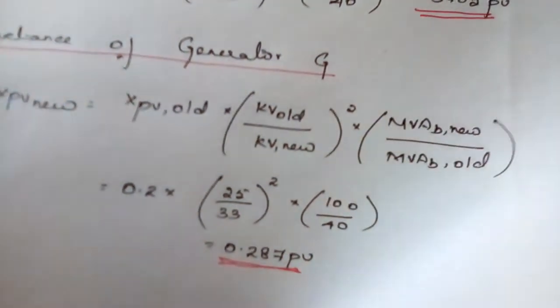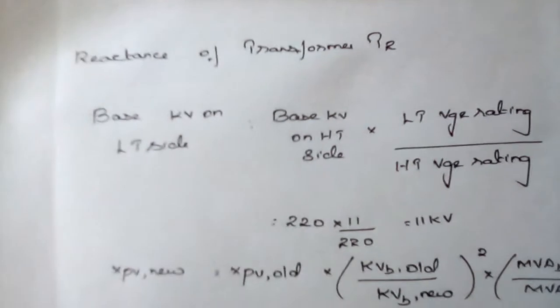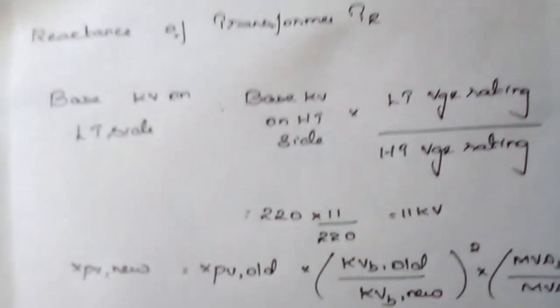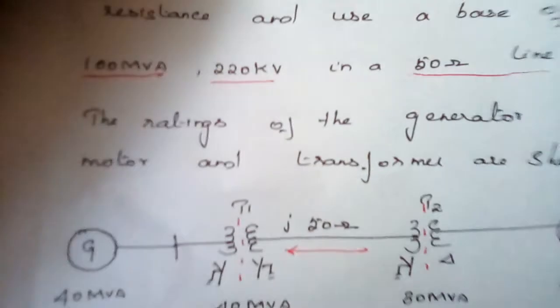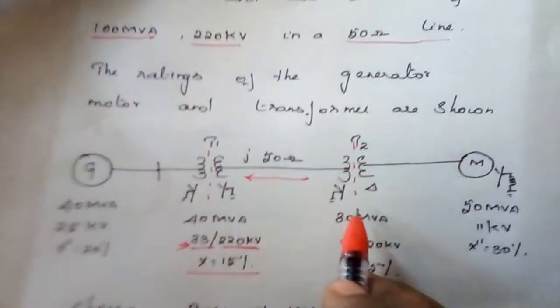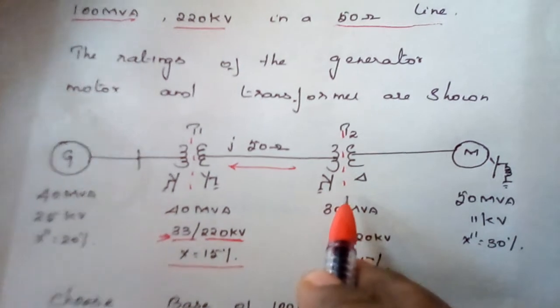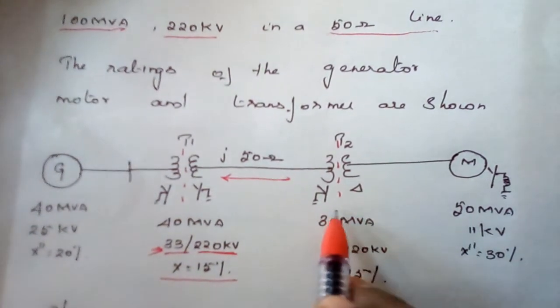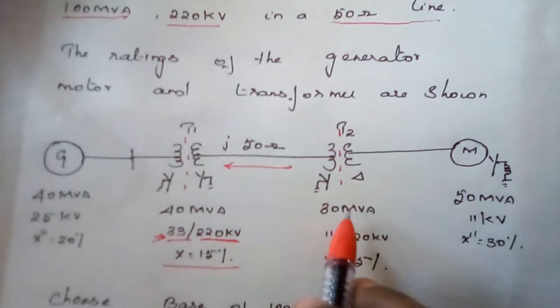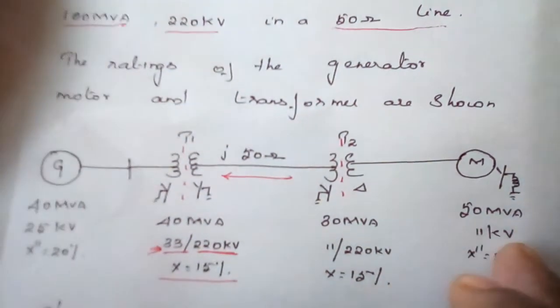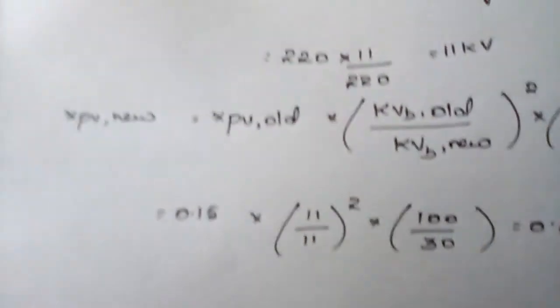And before going for transformer T2 and the synchronous motor, we are once again supposed to calculate the base kV. So coming to the single line diagram, apart from the transmission line, there is another transformer T2. This T2 transformer causes a voltage change, and due to this voltage change, we are once again calculating the kV value.